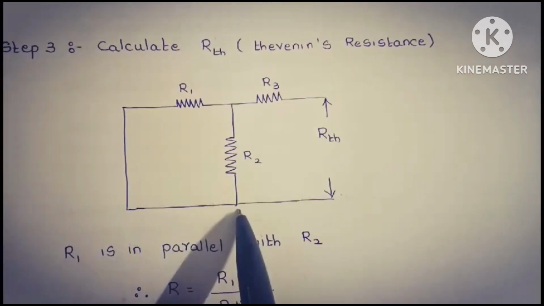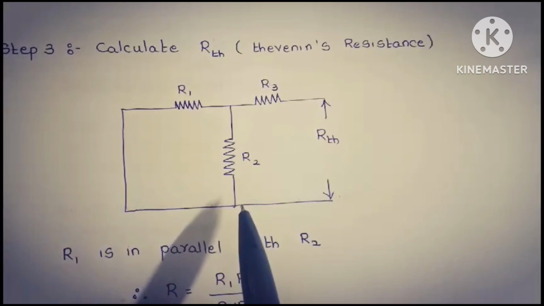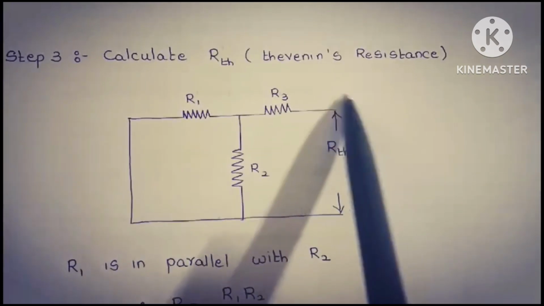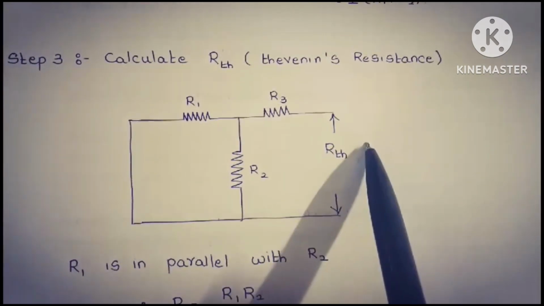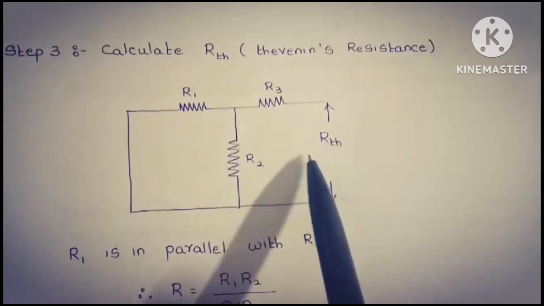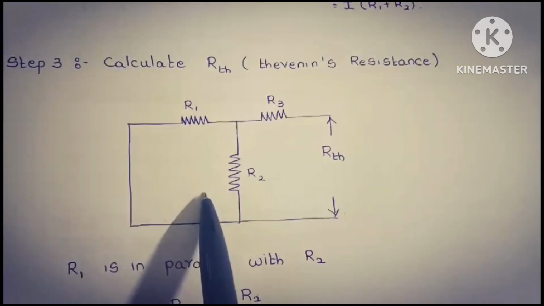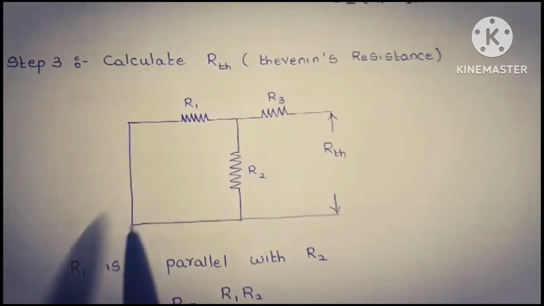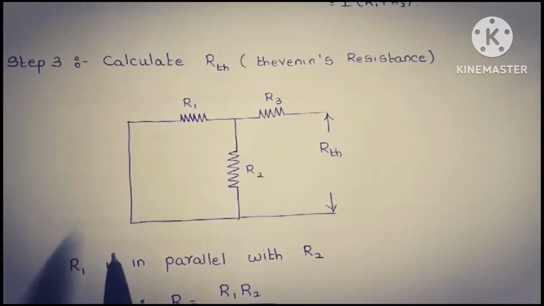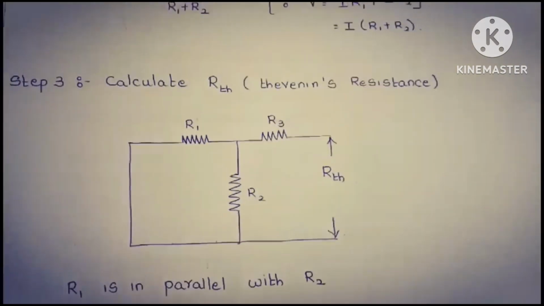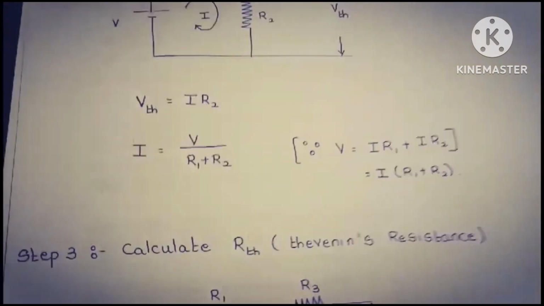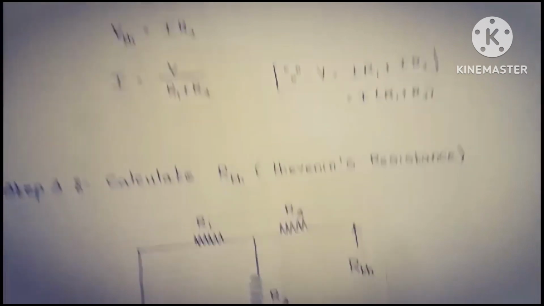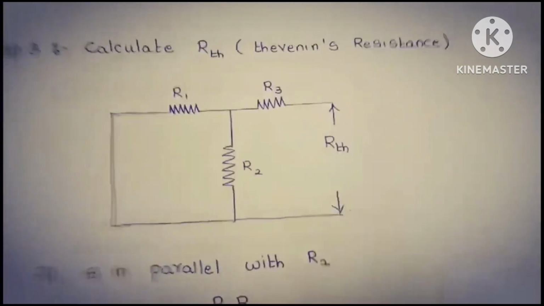The Thevenin's resistance is calculated across the open terminals, and if we have any voltage sources in the circuit, the voltage sources have to be short circuited, and if we have a current source, the current source has to be open circuited. As we have a voltage source in this circuit, the voltage source has to be shorted.